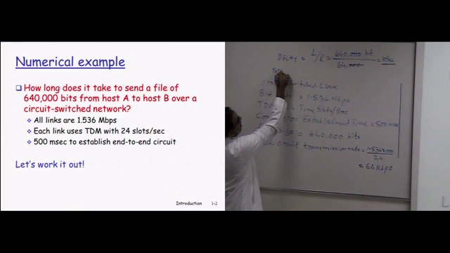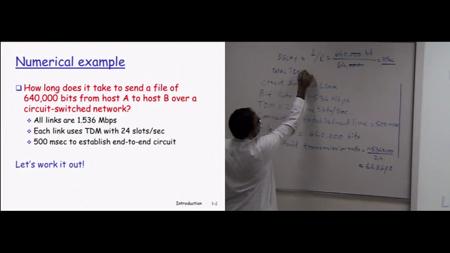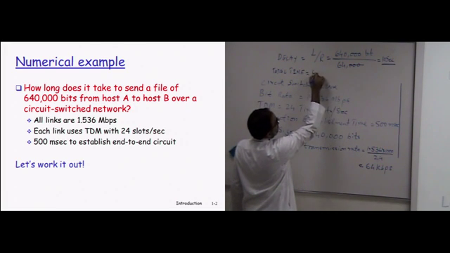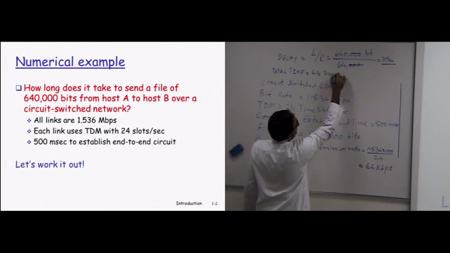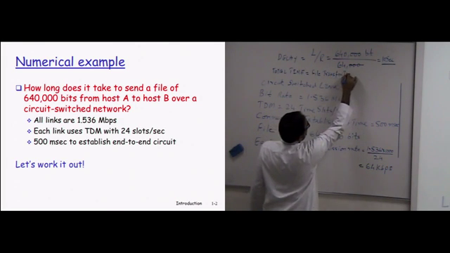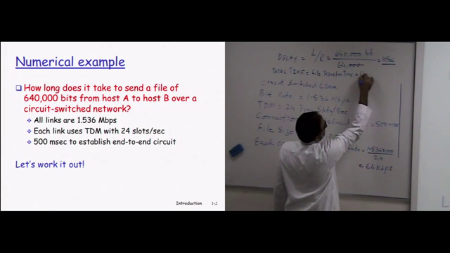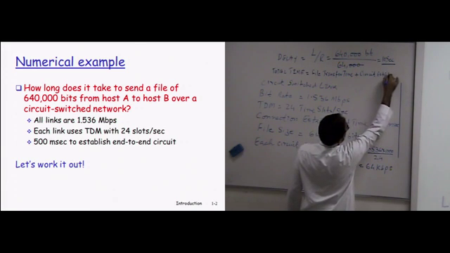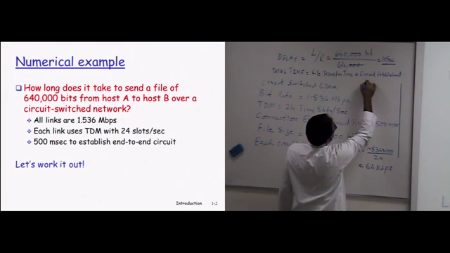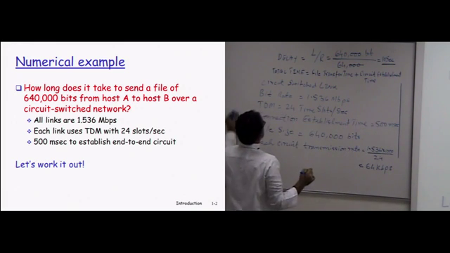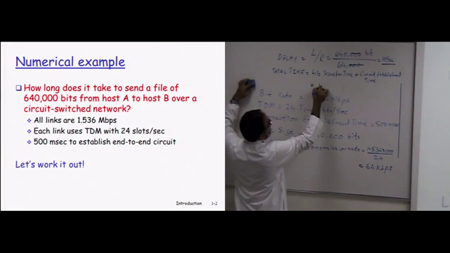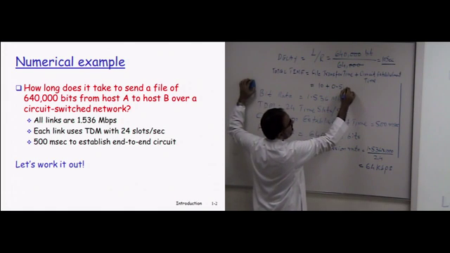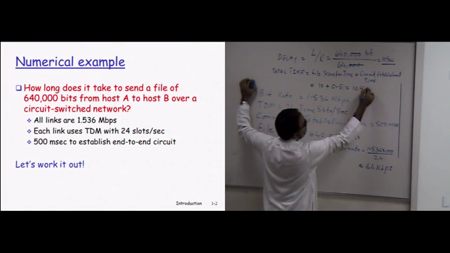Total time is equal to the file transfer time plus the circuit establishment time. So it will become 10 plus 500 milliseconds, which is 0.5 second, equal to 10.5 seconds.